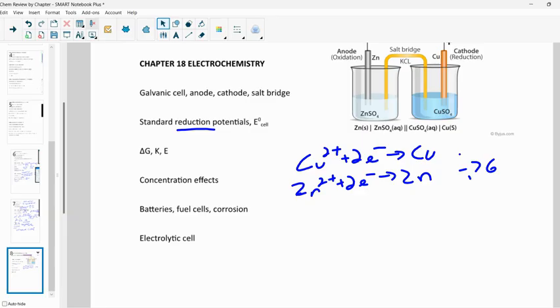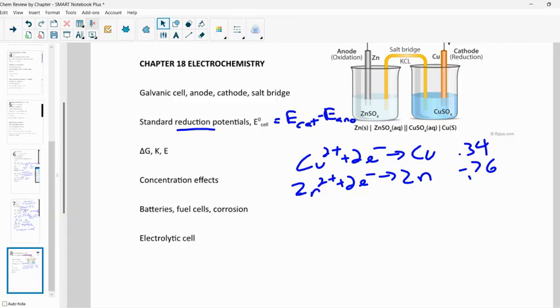Cu, 0.34. All right. How do I know which one's the anode, which one's the cathode? Because my E of the cell is going to be E of the cathode minus E of the anode. The cathode is the larger one.